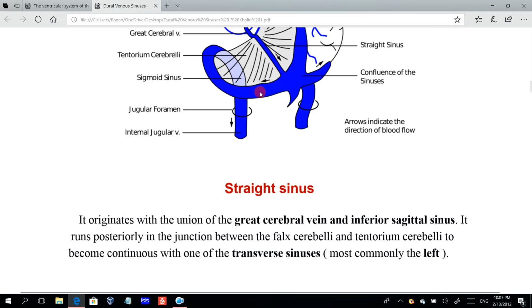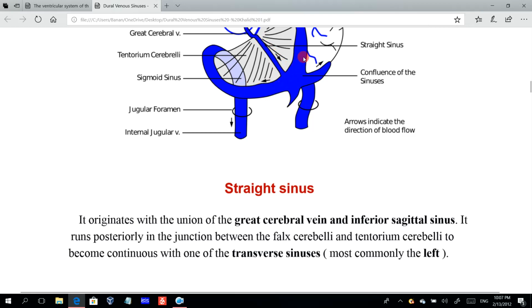Here is the transverse sinus, and usually to the left side. As we see, the straight sinus is a single sinus. So when it reaches the area of confluence, it takes its way to form a transverse sinus.